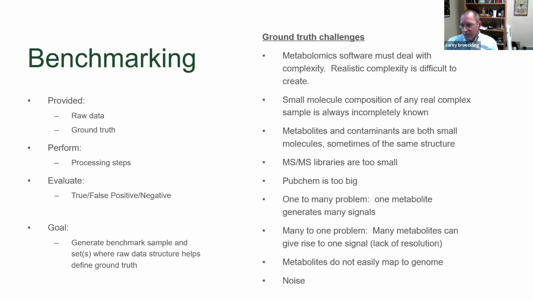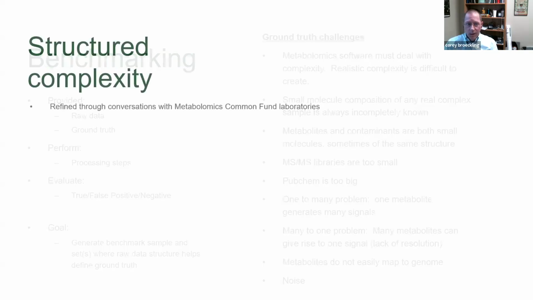So the goal of our process was to try to generate a benchmark sample with all of these caveats in mind. And so a benchmark sample set, a benchmark data set, where the approach that we took was that the structure of the raw data helps us to define a ground truth in the face of all of these challenges. And I will describe what that means.